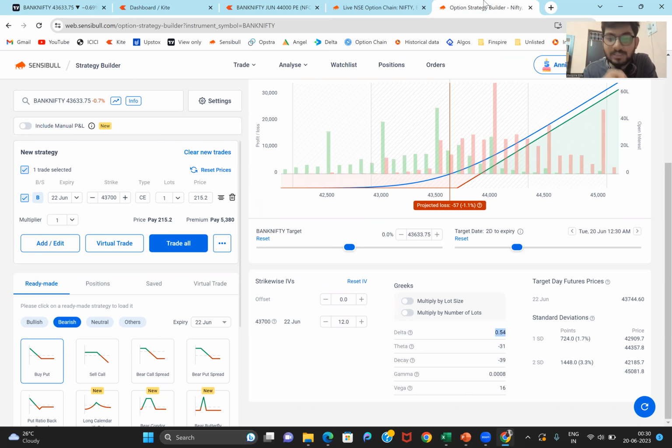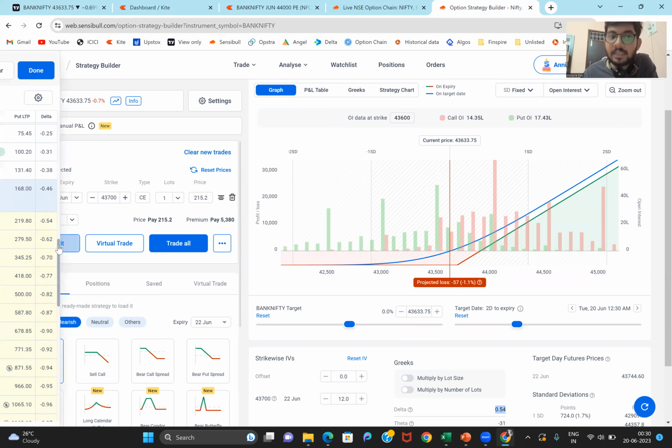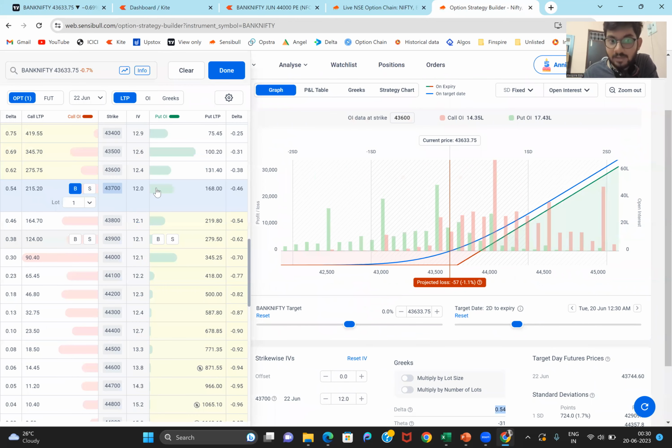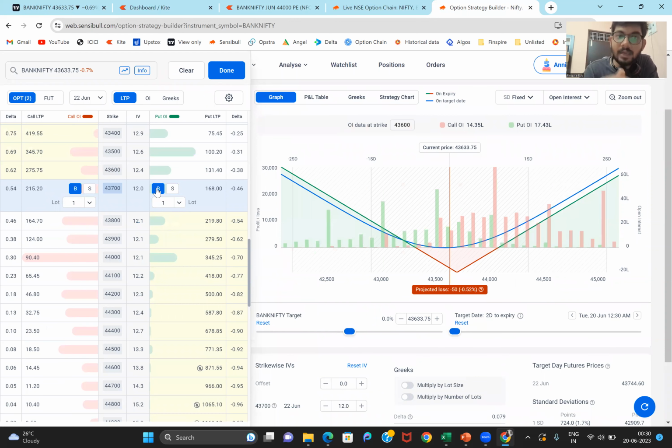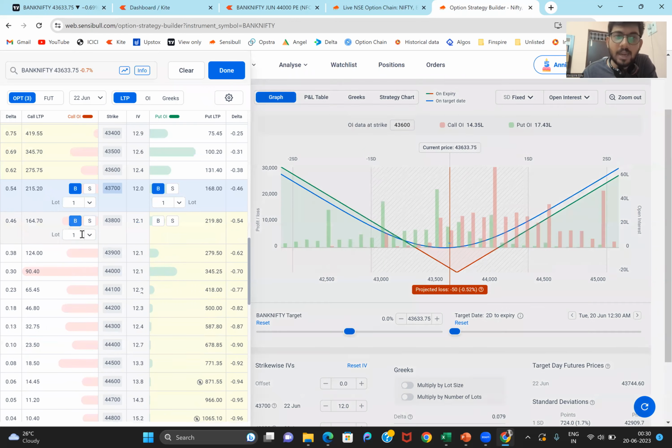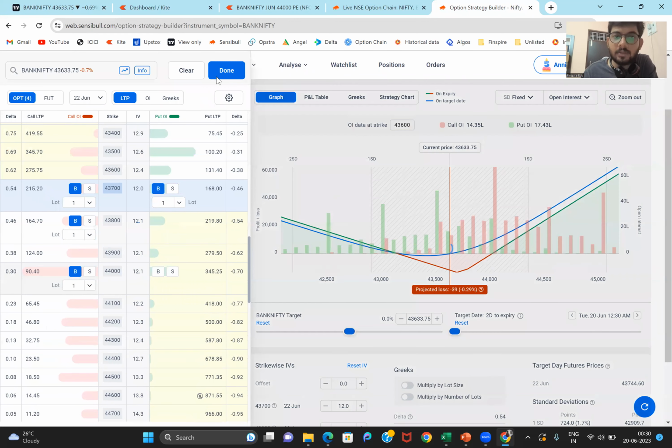For example, in a very simple way, I have taken a call option right here. And if my call option currently has a delta of 0.54, which basically means that this PNL graph, which shows to me over here, will move with a delta of 0.5. If I add any other leg to my trading setup, let's say I add a put option and then another call option and then another call option.